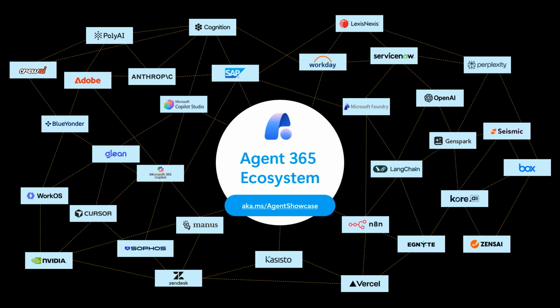So here's the picture. Enterprise customers need controls to manage agent sprawl, prevent data leakage, protect agents against threats, and meet their compliance requirements. That's the bar your customers are holding you to.